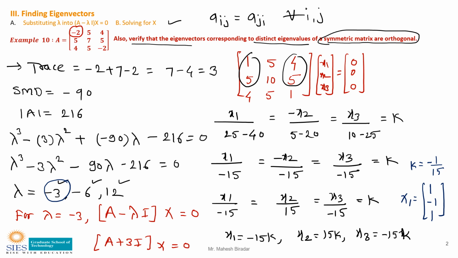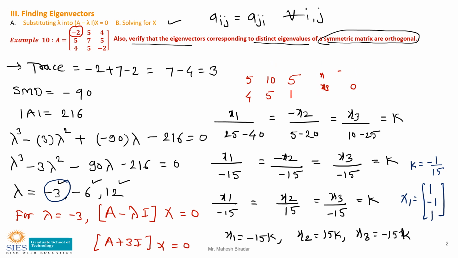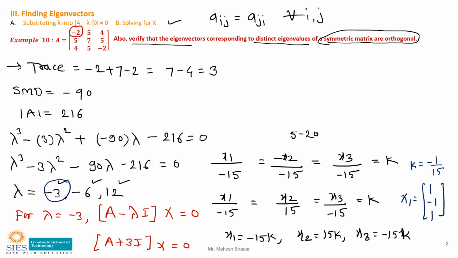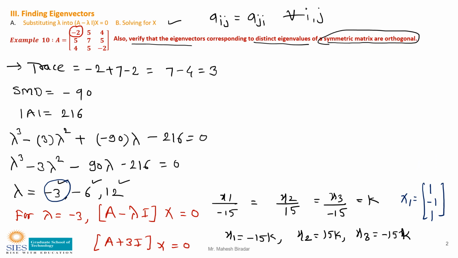And if you continue the same process, you will get the second eigenvector. One second, let me create some space for writing the second eigenvector. Okay, the second eigenvector, which is for lambda equal to minus 6, by a similar procedure is 1, 0 and minus 1.